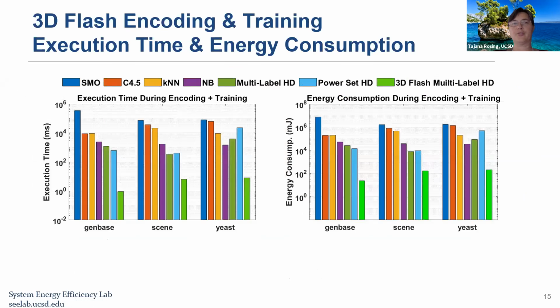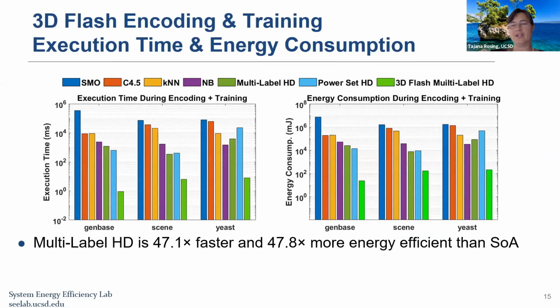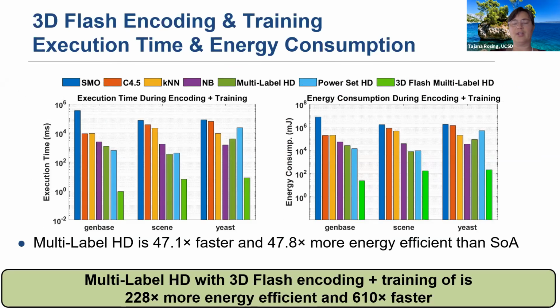If we look at the 3D flash encoding and training, the differences are pretty striking in both the execution time and in training. We find that multi-label HD is about 47 times faster and more energy efficient than state of the art when run on CPU, but when actually running in flash, we get about 230 times more energy efficiency and about 600 times faster execution.